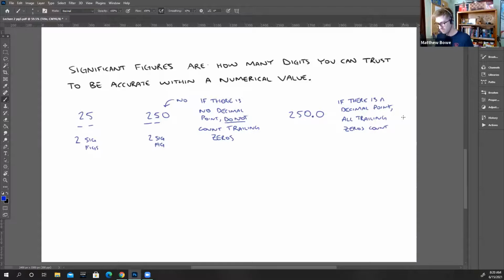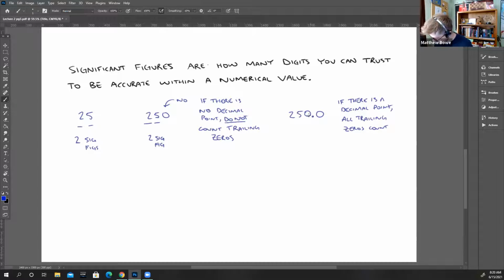Okay, so hopefully the logic behind this makes sense. If I just write down 250 without a decimal point, I'm not sure if someone rounded or not. Someone rounded up, someone rounded down. Why is there this 0 here?